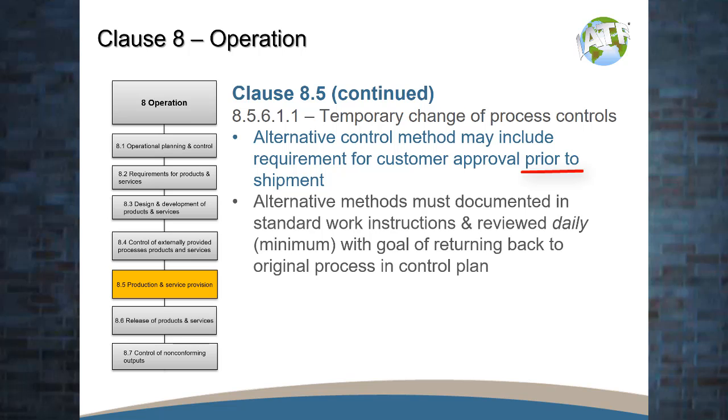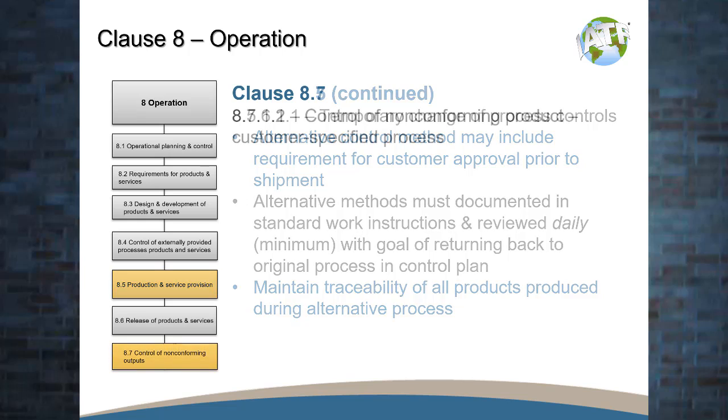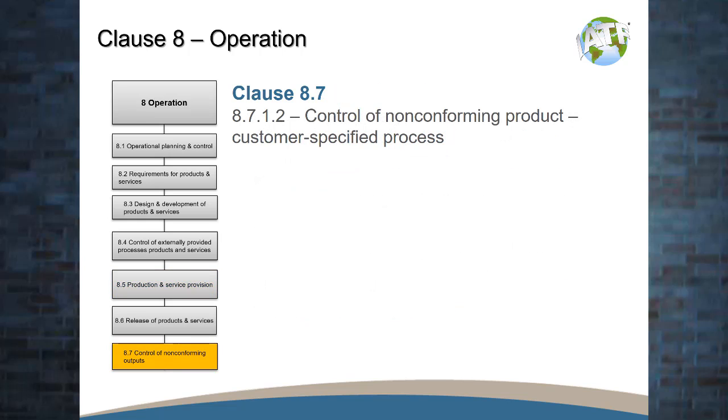And these alternative methods have to be documented in standard work and reviewed, it says, daily at a minimum, with a goal of returning back to the original process in the control plan. And typically that's your original process that was signed off during your PPAP. And maintain traceability of all products produced during that alternative process. So it's easy to identify which of those were used in that temporary change or temporary process.